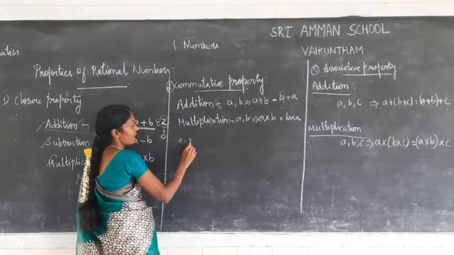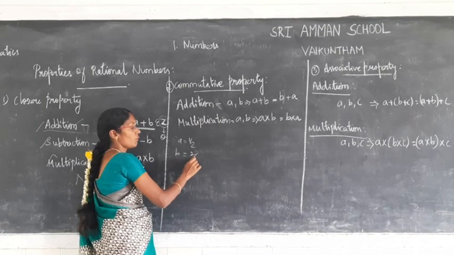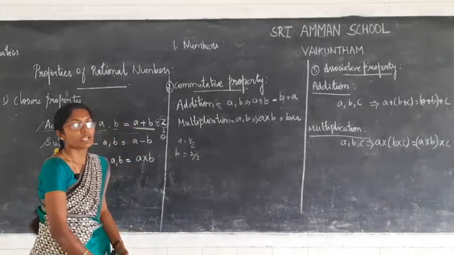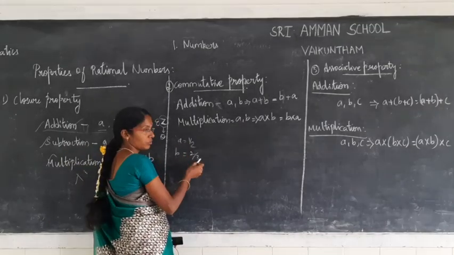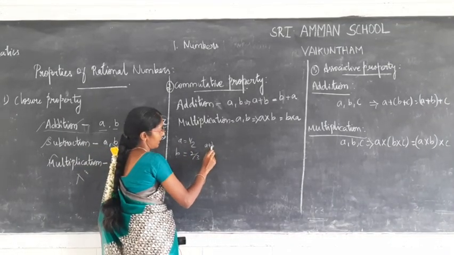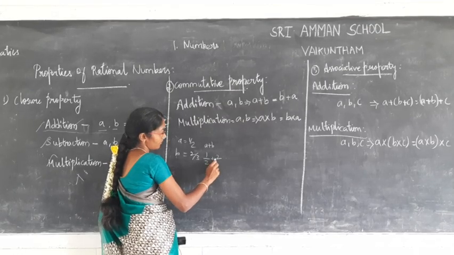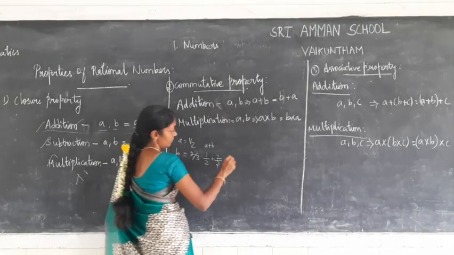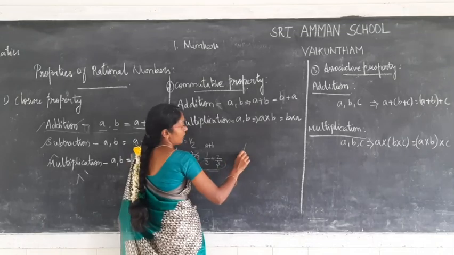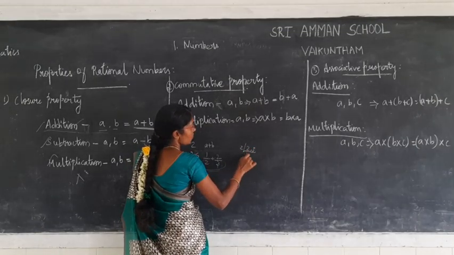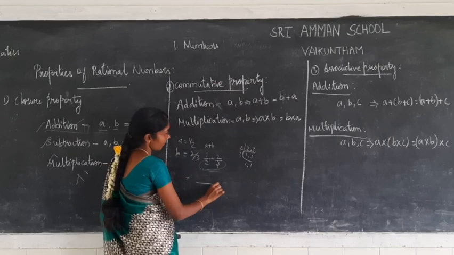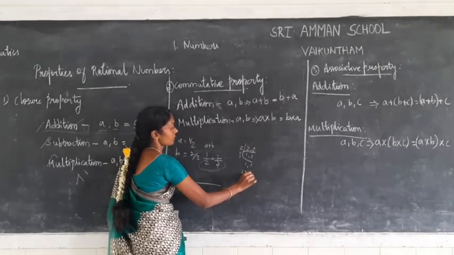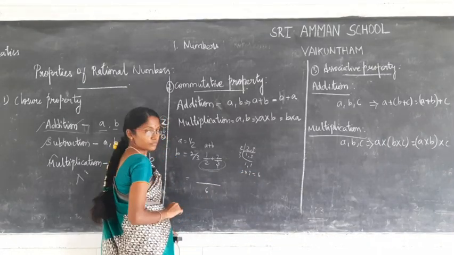So for any 2 rational numbers A, B, you can take any numbers, A equal to 1 by 2, B equal to 2 by 3. If we add A plus B, that is 1 by 2 plus 2 by 3, you have to take the LCM, which is 6.